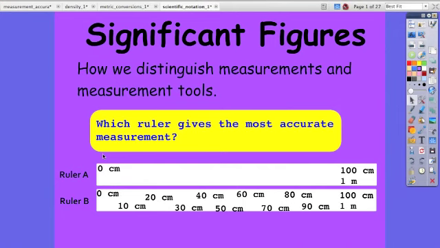All of our equipment has a certain point of precision, and we need to record it using significant figures. For example, ruler B is going to be more precise, more accurate than ruler A. In this type of scenario, we're going to measure in the most accurate way.